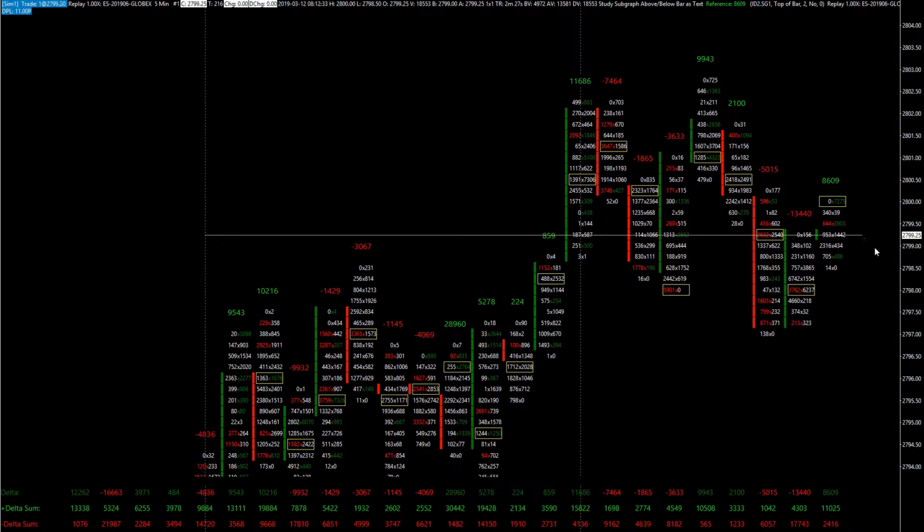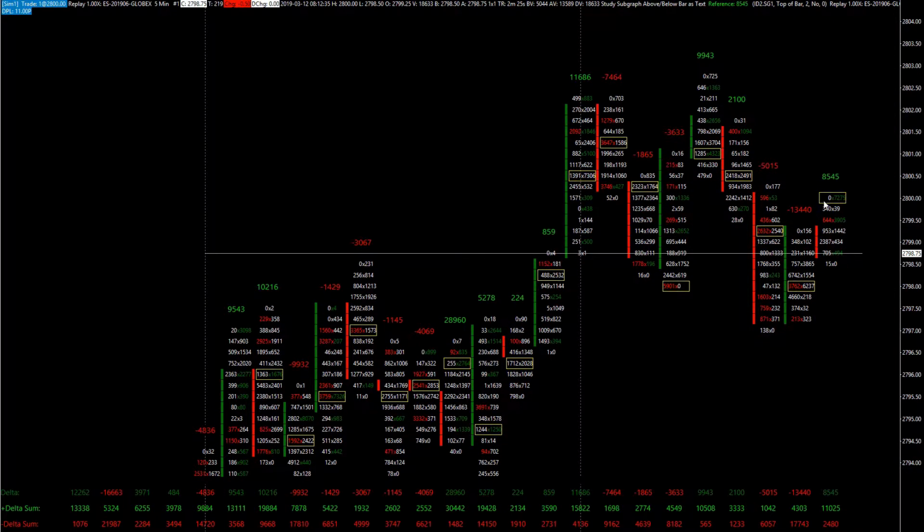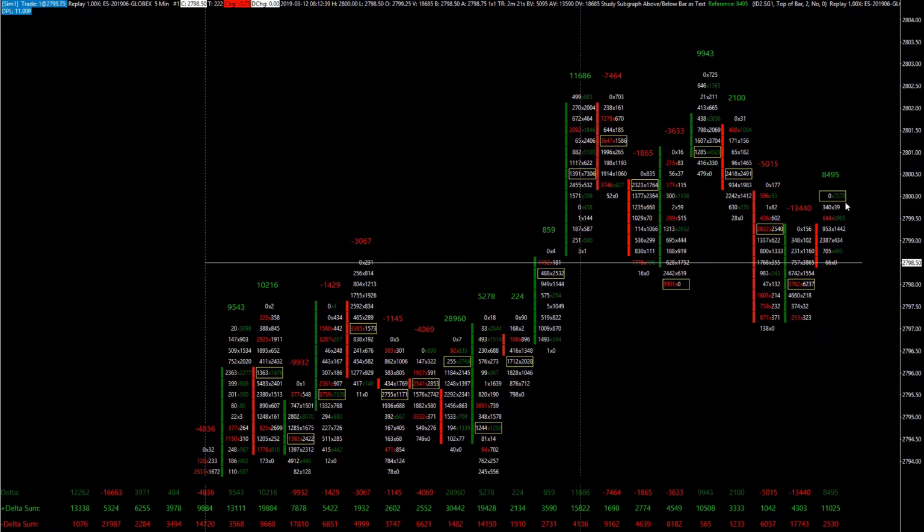You can see this is the point of control, the most traded price in this 5-minute bar. That's a review of price exhaustion, and then again at the reload, price absorption. So you get in here and manage your trade for a short.